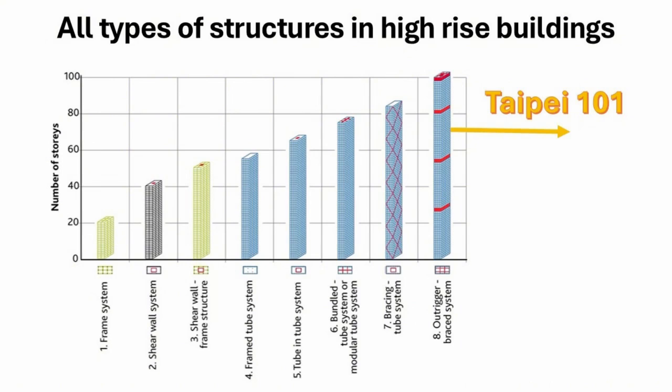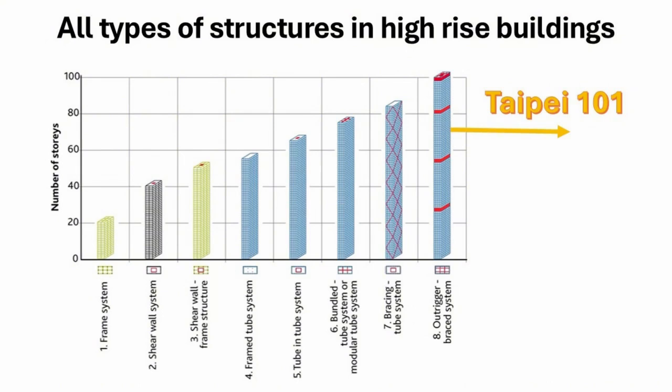And if you want to build higher, you might consider using the tube system. The main difference between the tube and the shear wall system is that the columns might be built at a higher density.